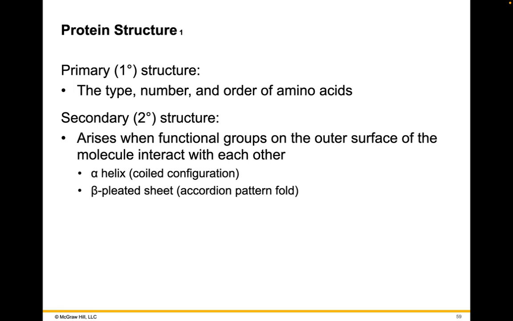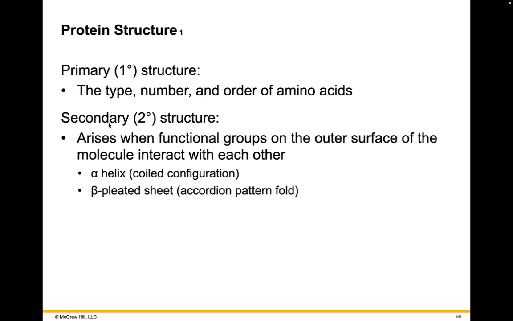So the foundation is which amino acids do you have, how many of them, and what order are you going to put them in, because they're going to be in a long string. So that's the primary structure. It's formed by, do you remember the name of the bonds between amino acids? Peptide bonds. So the bond here in the primary structure is peptide bonds.